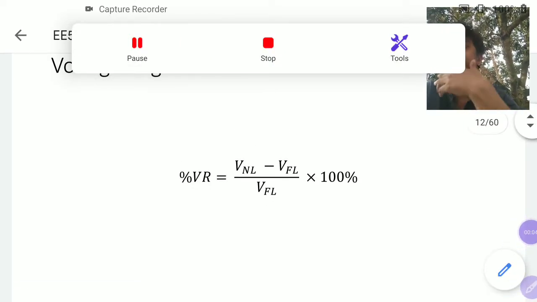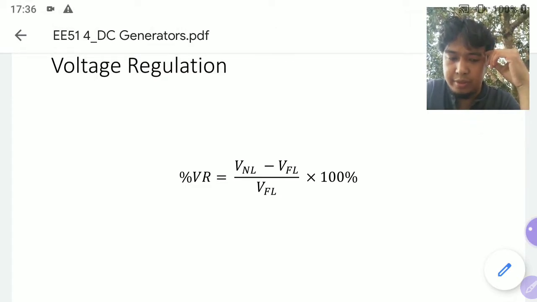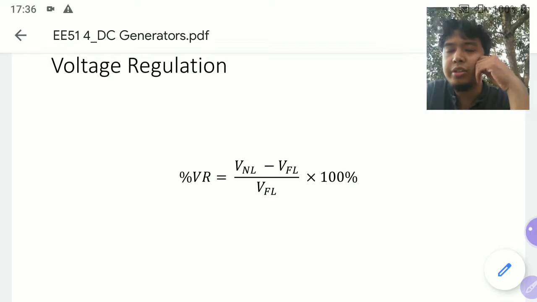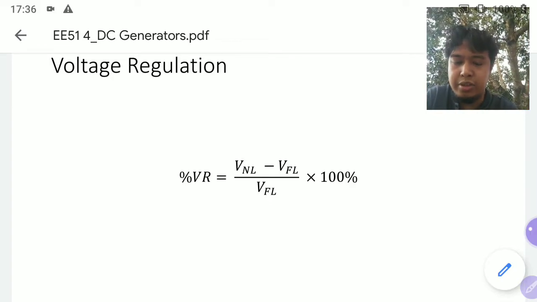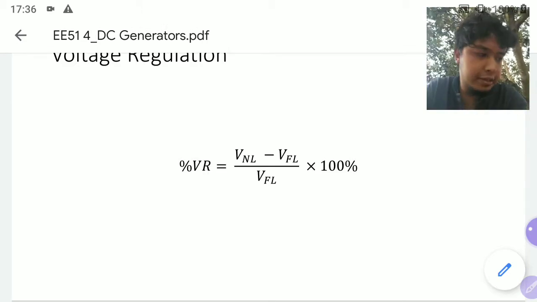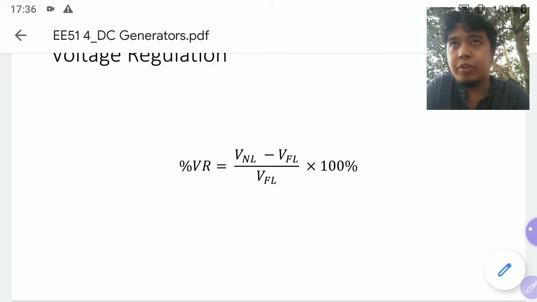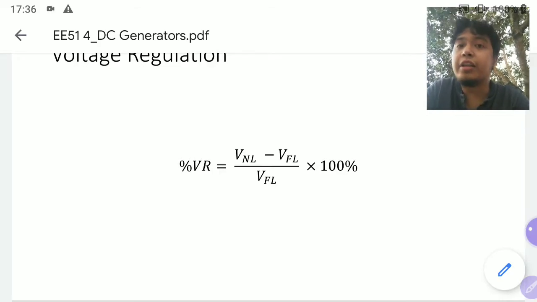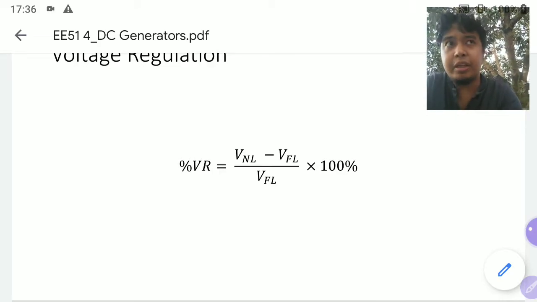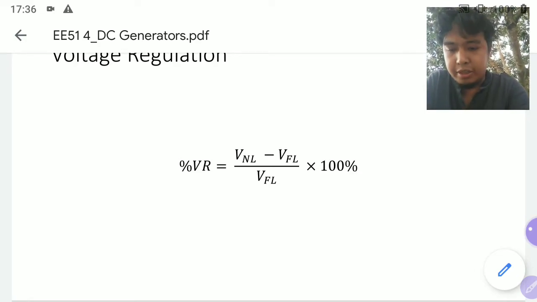For today, I'll be discussing the output characteristics of your DC machines, particularly your DC generators, and then later on your DC motors. I want to emphasize that the output of a generator is electrical power, and the output of the motor is mechanical power.